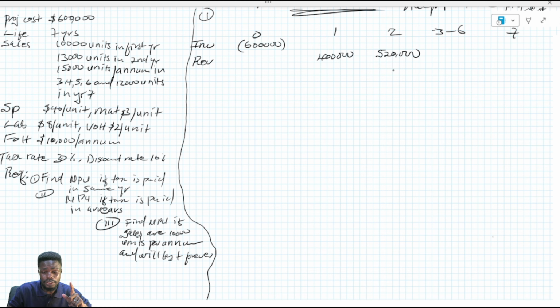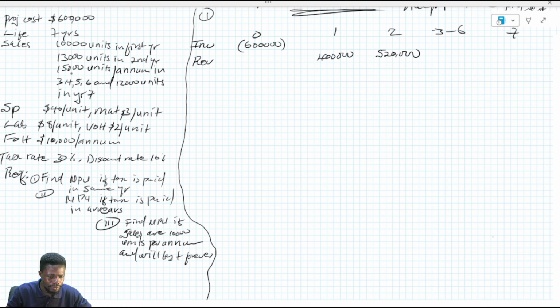We are doing it this way because we discover that cash flow seems to be constant. All the activities seem to be constant from year three to year six. Take note.